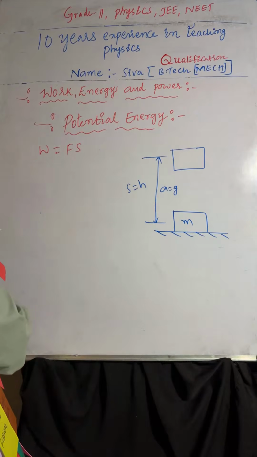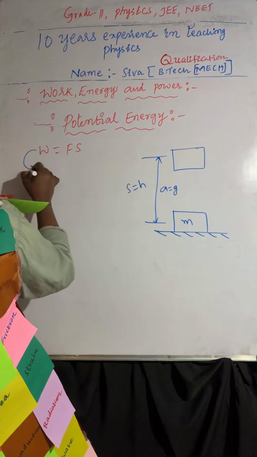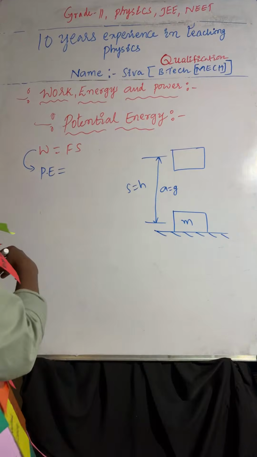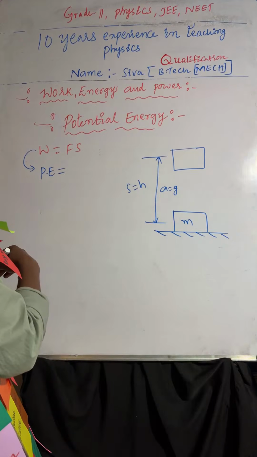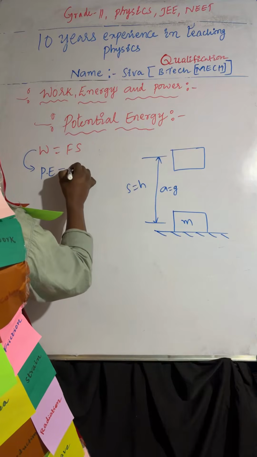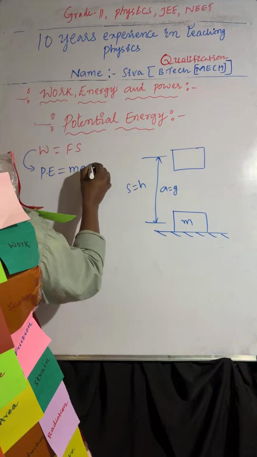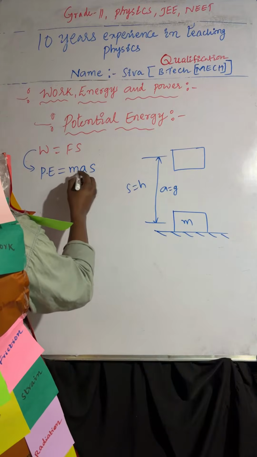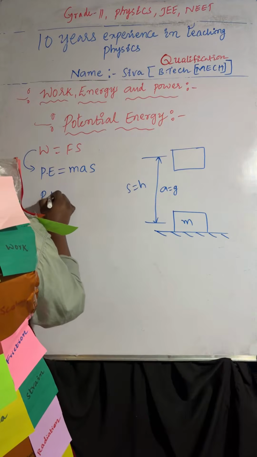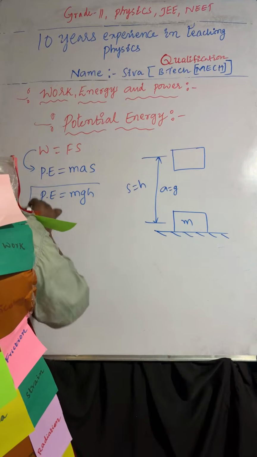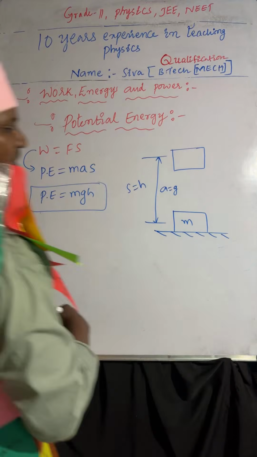Whatever work is done will become potential energy. So F equal to ma, s equal to h and a equal to g. Potential energy equal to mgh. So this is the potential energy formula.